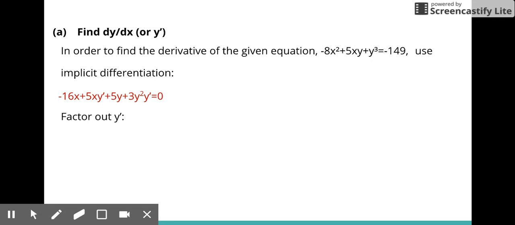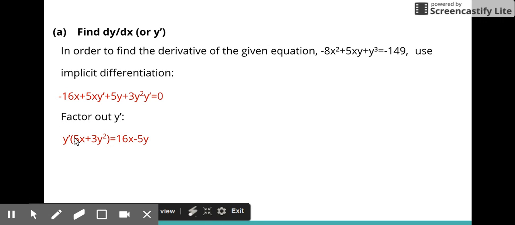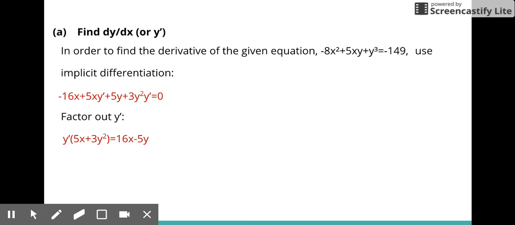So we're going to use basic algebra in order to find y prime. We start by factoring out y prime. So we have y prime multiplied by 5x plus 3y squared equals 16x minus 5y.